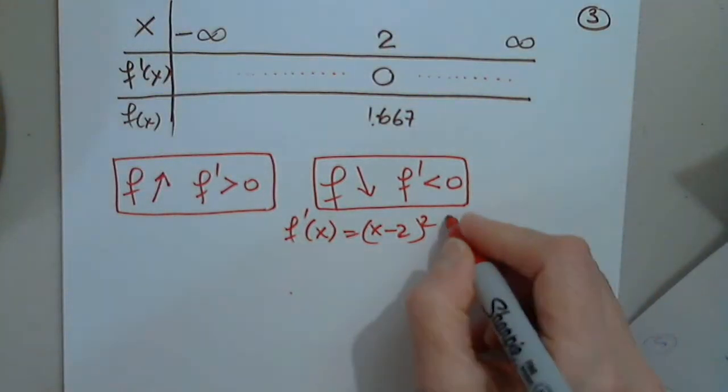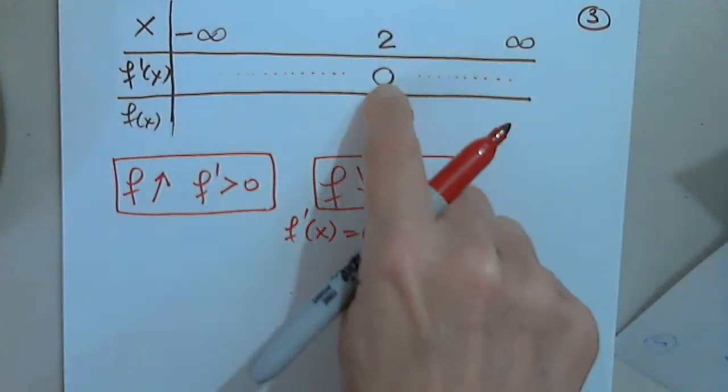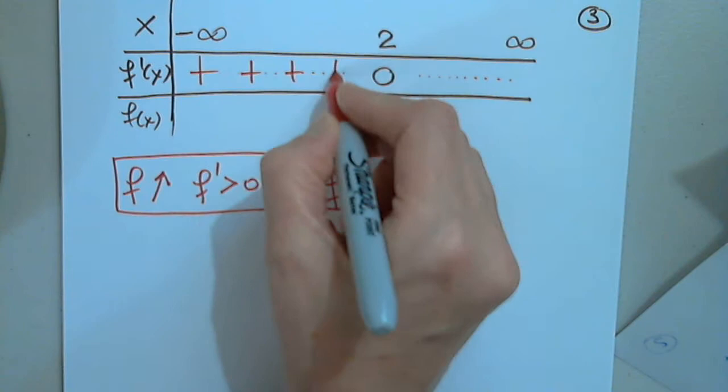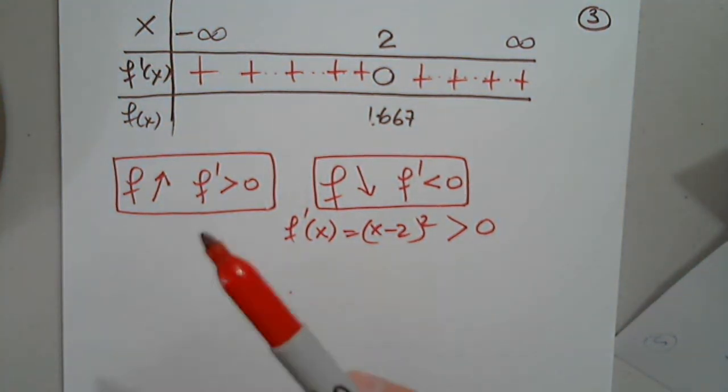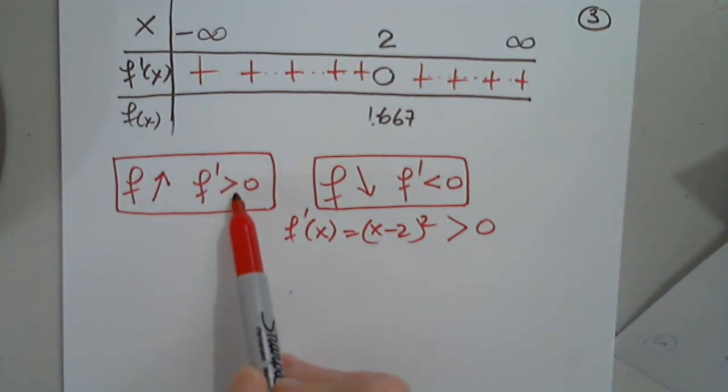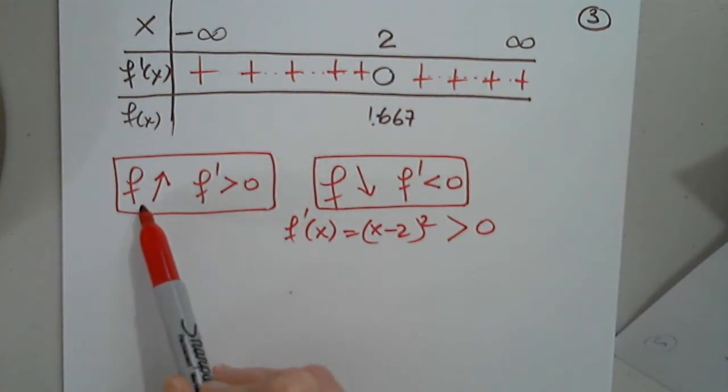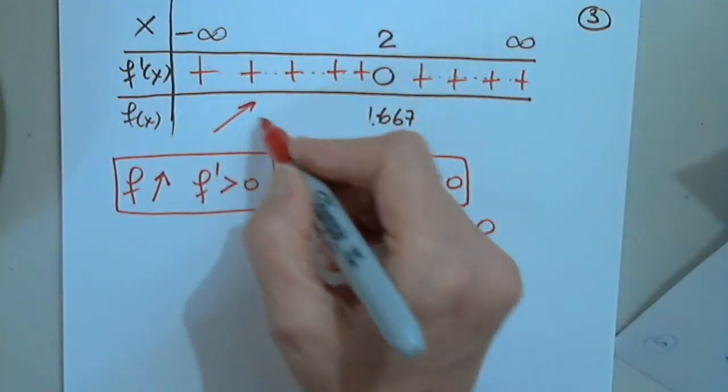Positive. Very good. It's always positive. It's 0 at 2, and it's always positive. So if the first derivative is always positive, what does the function always do? Increases. That's it.